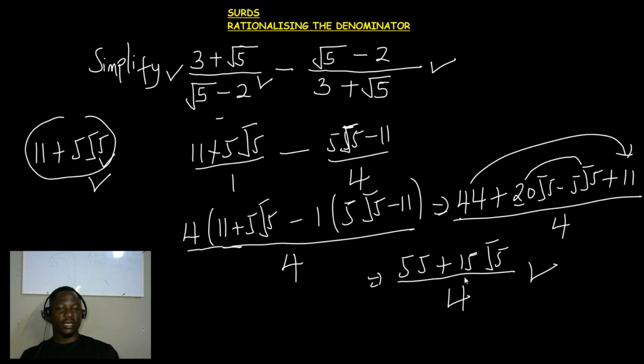So basically here is the answer, (55 + 15 root 5)/4. To do this, you have to rationalize the first part, and we got 11 plus 5 root 5, and then also rationalize the second part, and we got 5 root 5 minus 11 over 4.